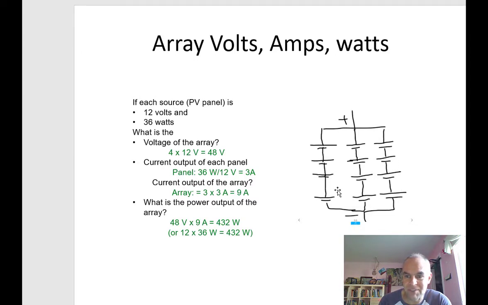So 9 amps total is what this configuration produces: 9 amps, 48 volts. So if you want to know the complete power that this could generate, you multiply the voltage times the current, and that gives you 432 watts. That's not necessarily all that high, but if you have enough of them together, you can get arbitrarily large numbers.